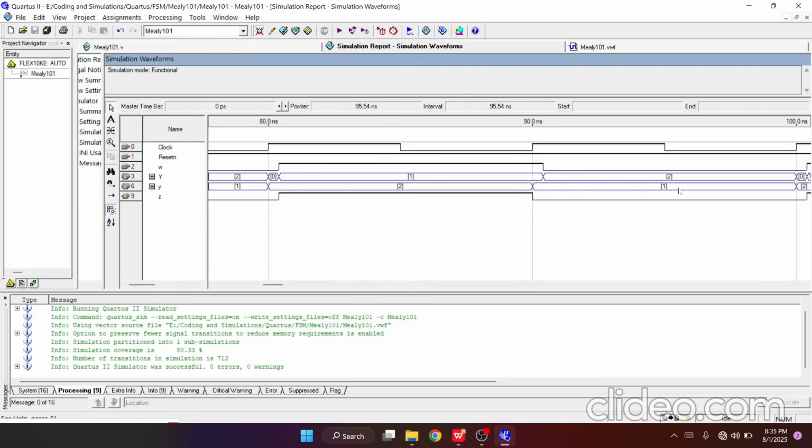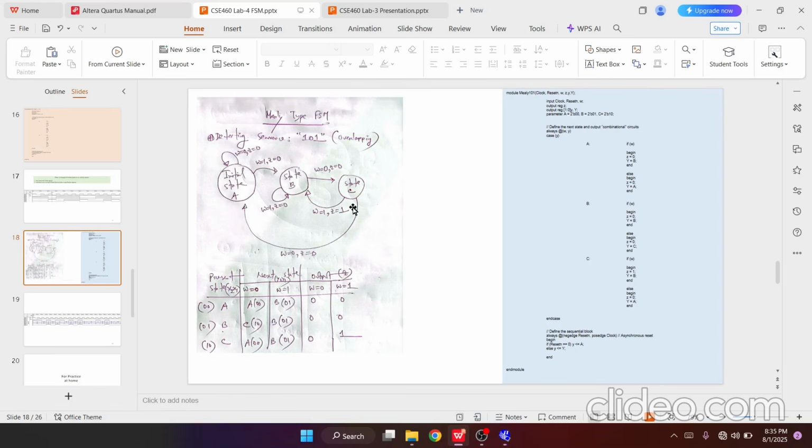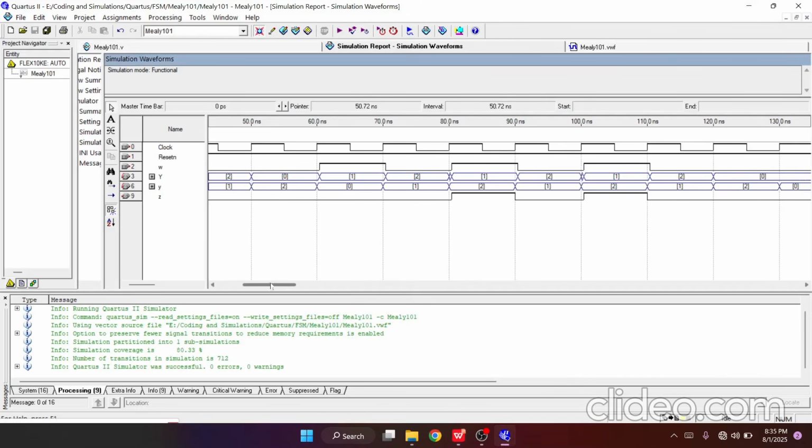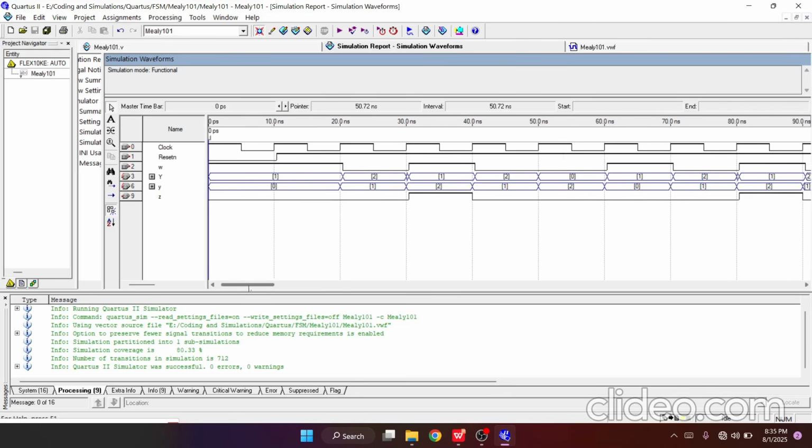You are in state B, your next state should be C. So that's why capital Y is 2 or C, and also your output is 0 here, which is consistent with our code as well as our state diagram. So this is how you can analyze the output signals.